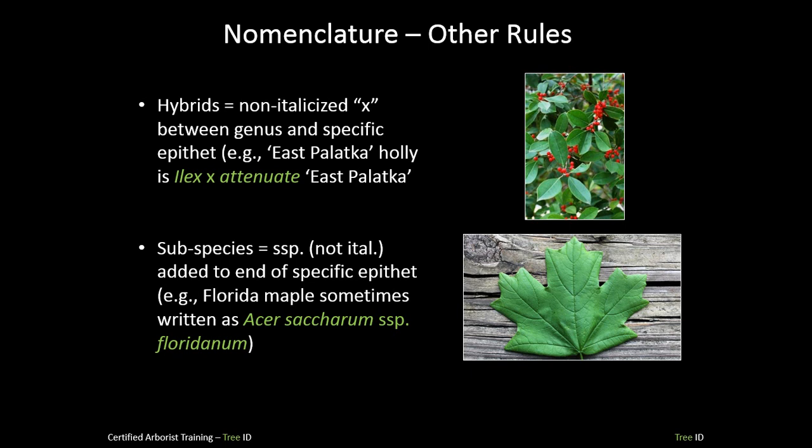So East Palatka holly is Ilex x attenuata 'East Palatka', which is the cultivar name, and it's a cross between two different hollies. I think Ilex cassine and vomitoria, yaupon, but don't quote me on that.